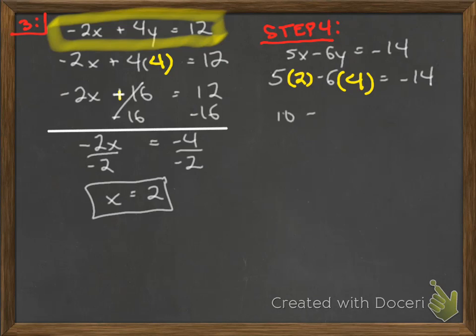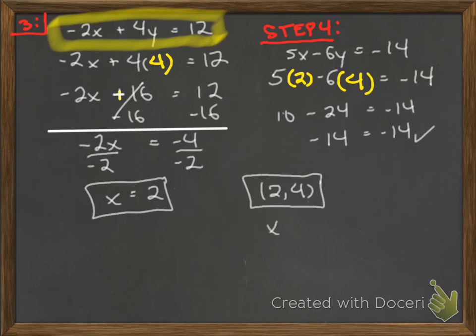So this is 10 minus 24. We would get negative 14 equals negative 14, right? So that means that I am correct, and my final answer is x equals 2, y equals 4. Again, you can write it as an ordered pair, or you can just write it as x equals 2, y equals 4. Either of those are perfectly acceptable and would be correct.